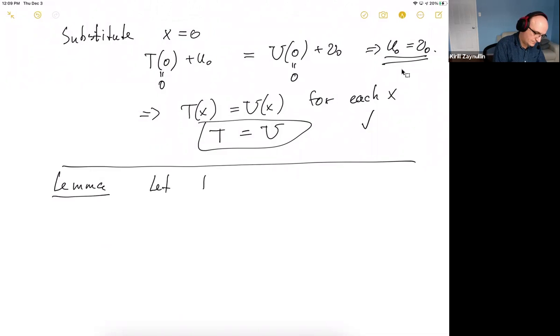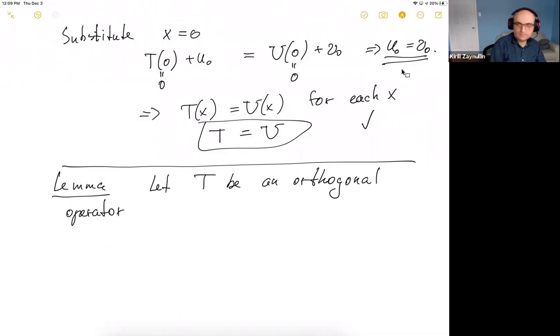Let T be an orthogonal operator, say on R2. So that's a particular example, R2. And say let A be its transformation matrix with respect to the standard basis.